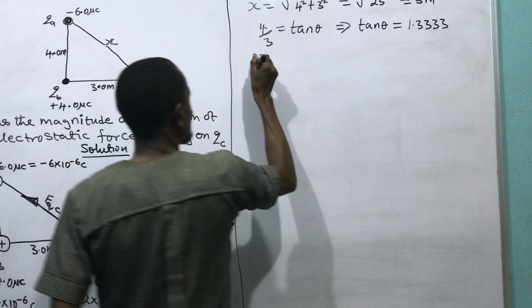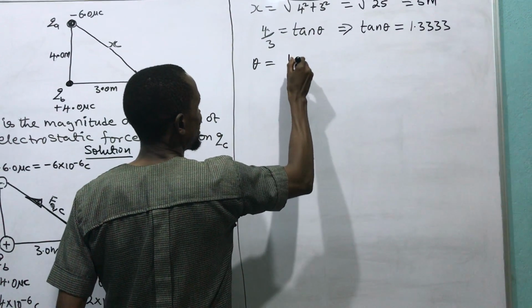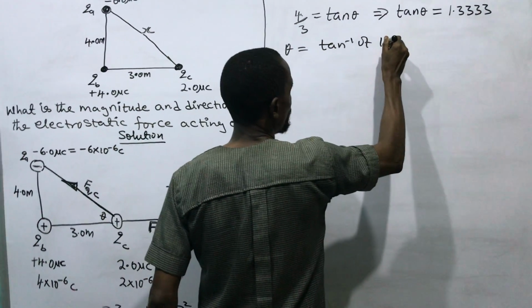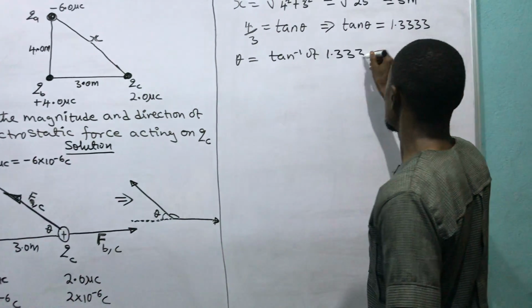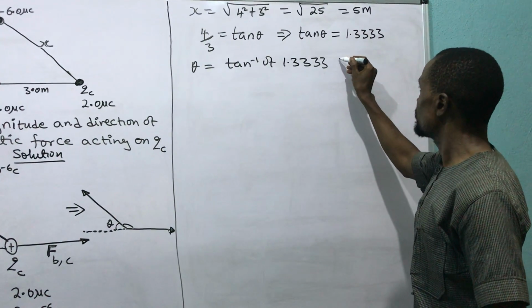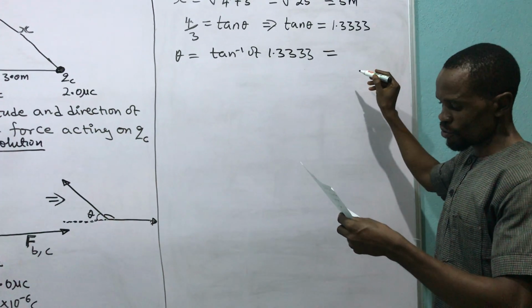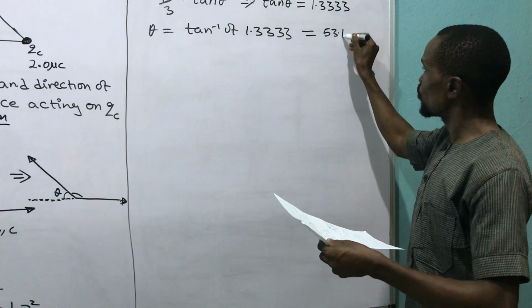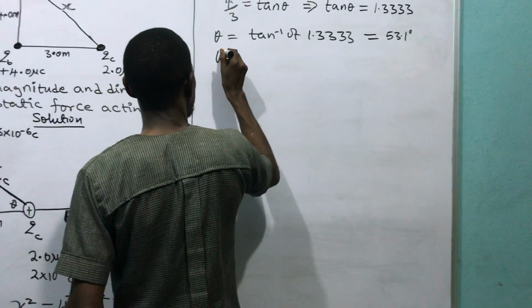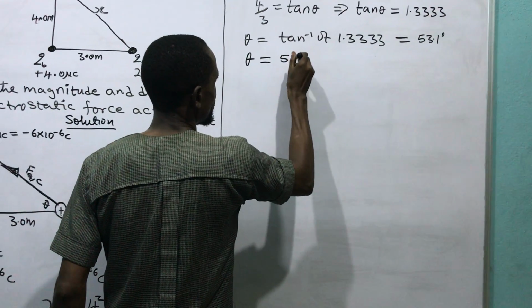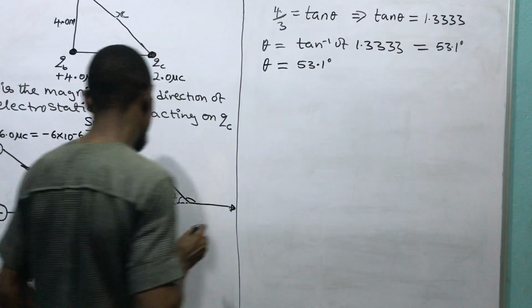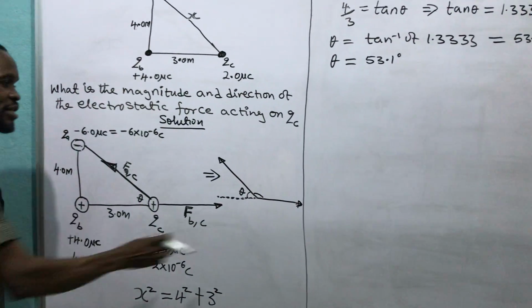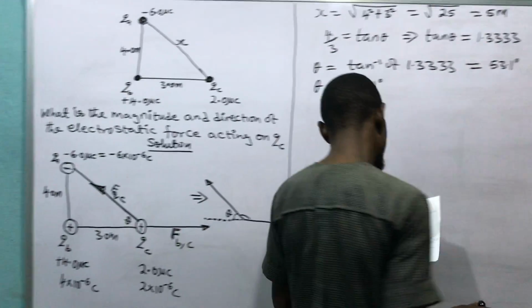Then theta itself will give me tan inverse of 1.3333, and that will give me 53.1 degrees. That means theta is equal to 53.1 degrees. I've gotten this angle.